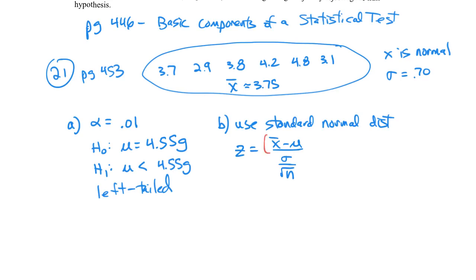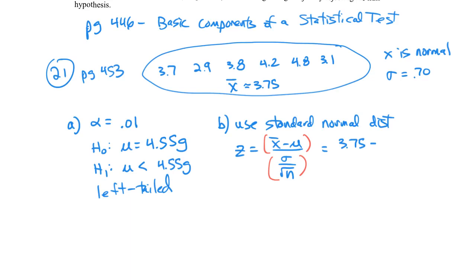I guess I wrote this one a little different. I think I usually write it more horizontally. But basically, remember order of operations. Remember this is divided by, right? So we plug in our numbers and we will get 3.75. That's our sample mean.